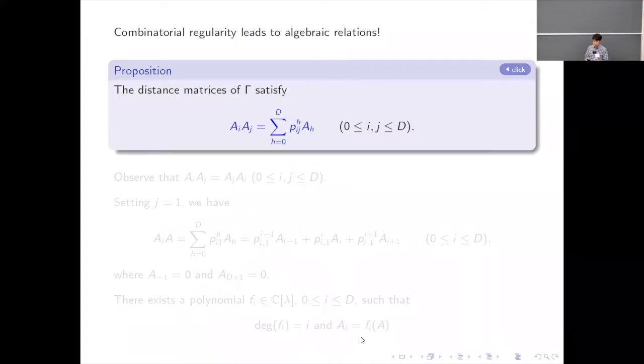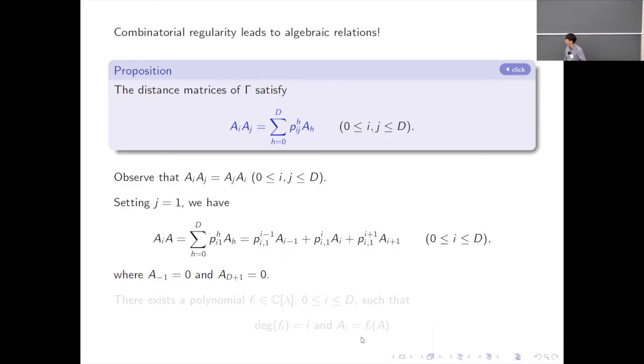Combinatorial regularity leads to algebraic relations. The product of two distance matrices A_i, A_j gives a linear combination of distance matrices A_h with coefficients the intersection numbers p^h_ij. And we easily see that A_i, A_j commute with each other. Also, by setting j equals 1, the product A_i A is just a three-term recurrence: b_{i-1} A_{i-1}, then the middle term with coefficient a_i, and the third term c_{i+1} A_{i+1}, using the abbreviation notation.